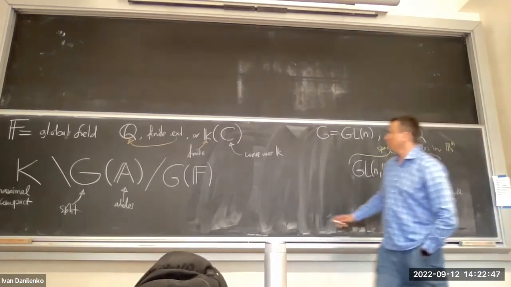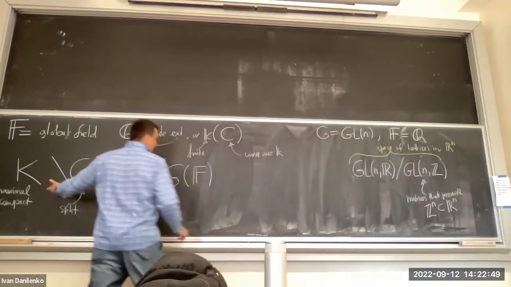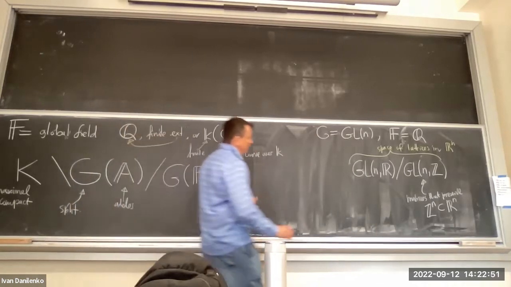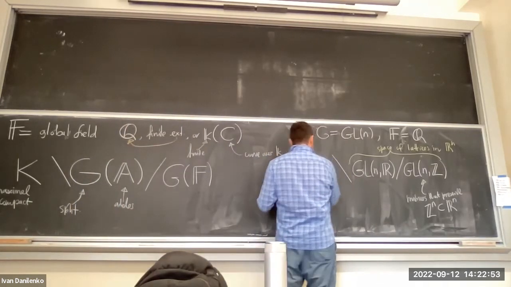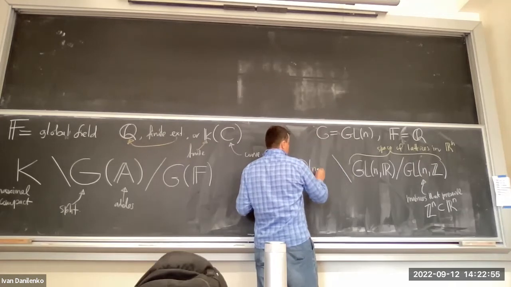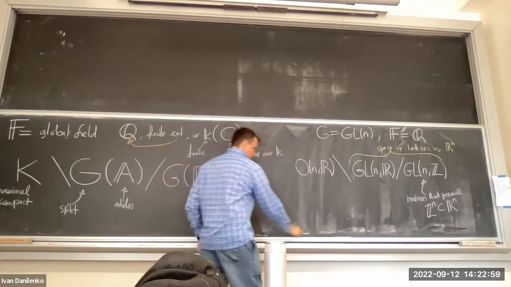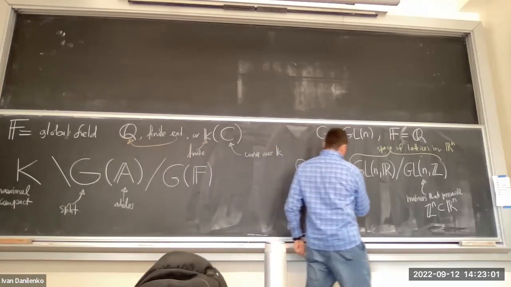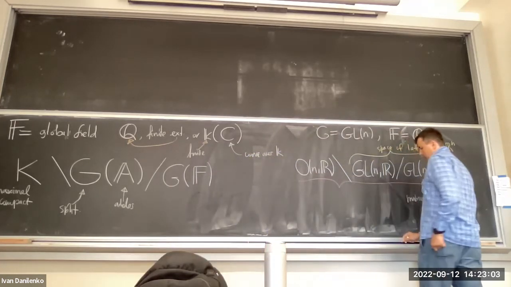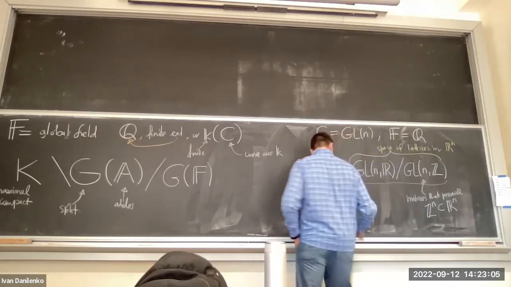And so then what remains from the maximal compact is the problem. So then this double quotient is, this is life.